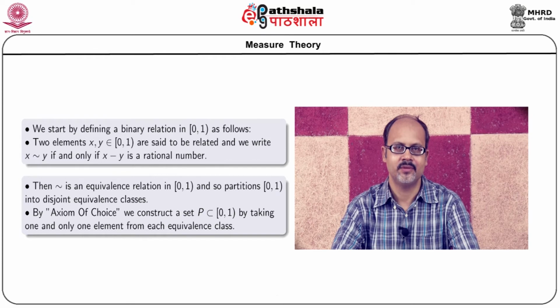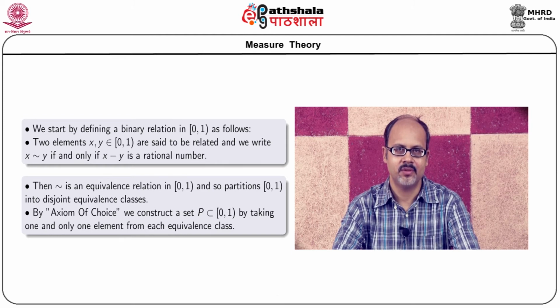So we have x related to y, y related to z implies that x is related to z, and so this relation is also transitive.